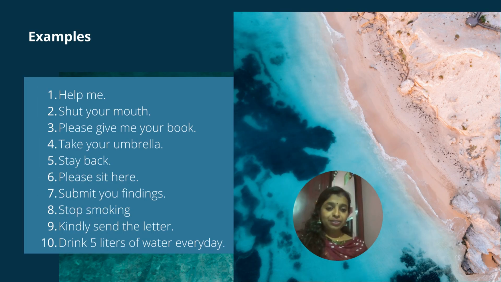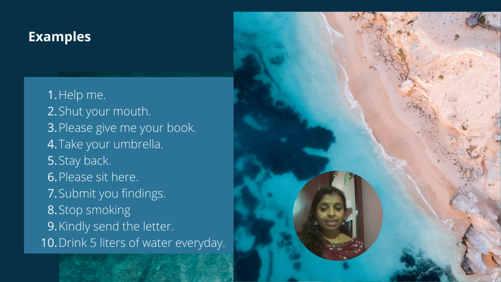And I have given you some examples. Ten examples are there, and you should change them into passive. Okay, it's an exercise for you. "Help me" is the first one. I think I have written this example while changing commands into passive.